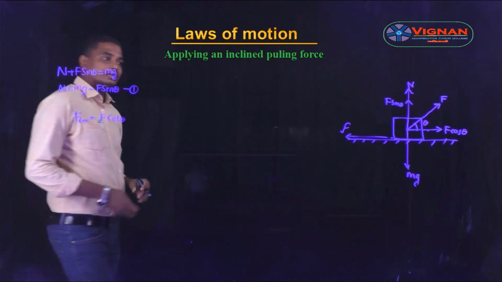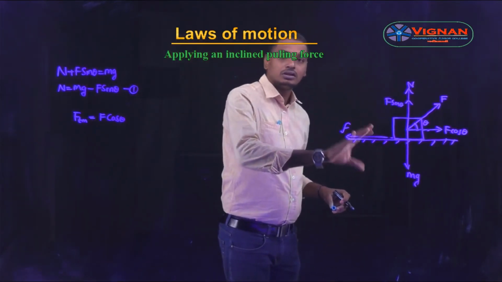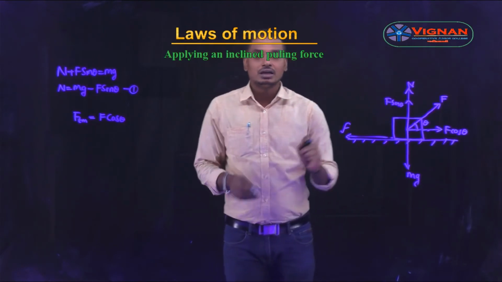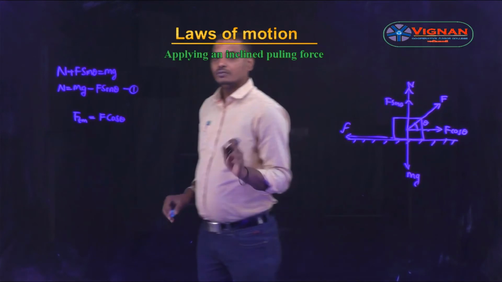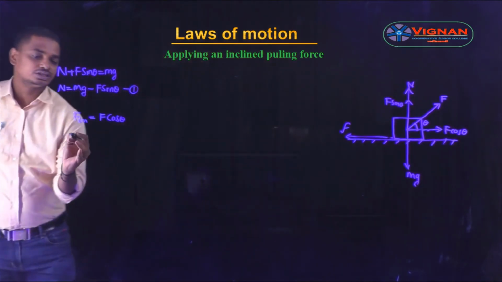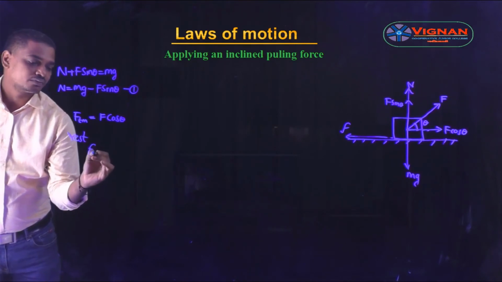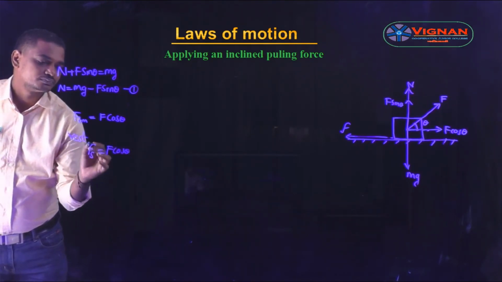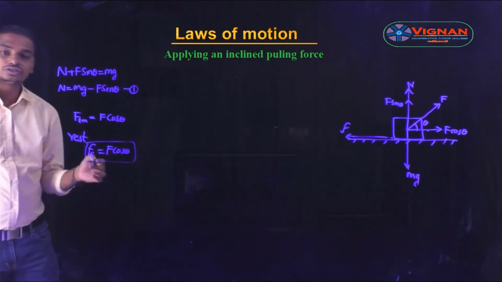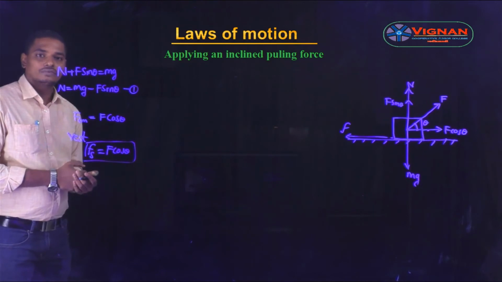Now if the force is applied but the body does not move, it is in static friction condition, that is, it is at rest. When the body is at rest, then the static frictional force Fs is equal to F cos theta. Static frictional force should be equal to the applied force. So Fs is equal to F cos theta.